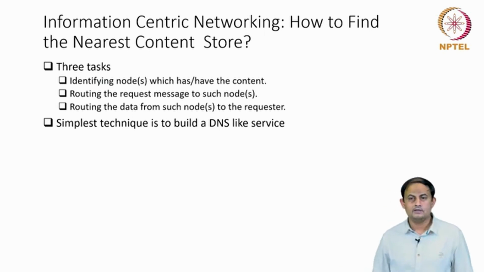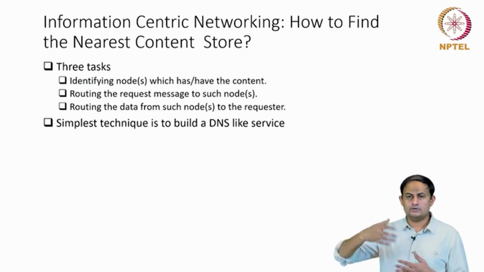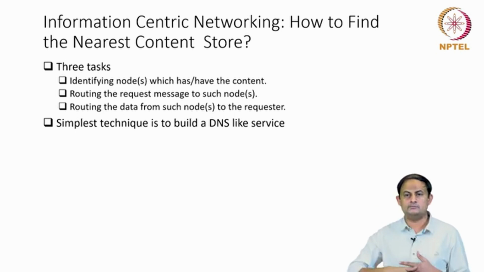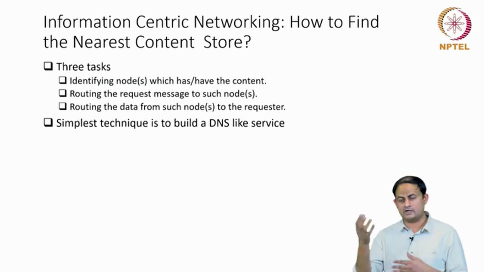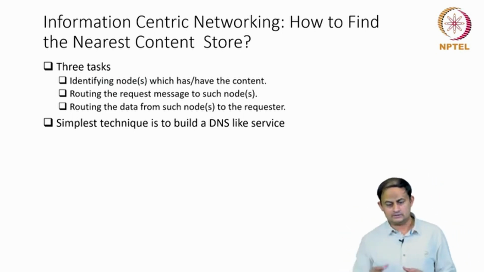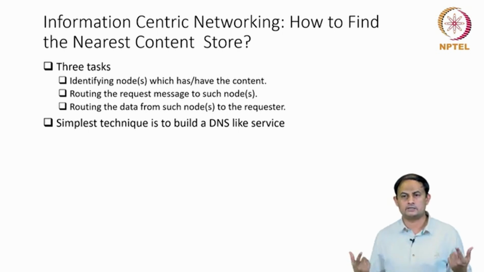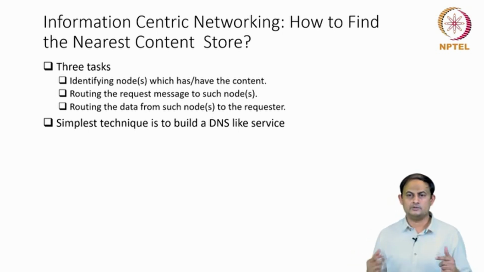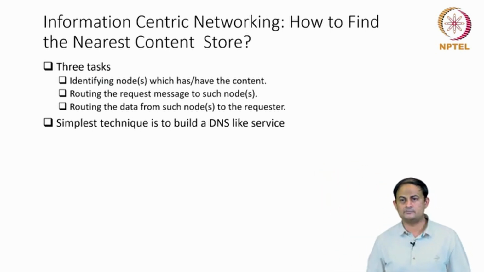This comes with an assumption that the service that I am referring to as a DNS-like service is constantly updated with information, because the routers have a limited amount of cache. At some point of time they might decide to discard some content, bring in some new content and store that for whatever reason. So, the service should have the ability to constantly update itself with new information, be it something getting deleted in some routers, or new content being stored, or new content being generated by some producers.